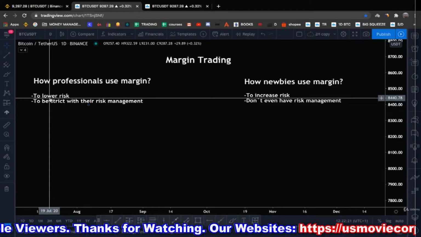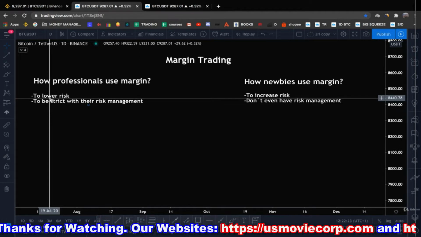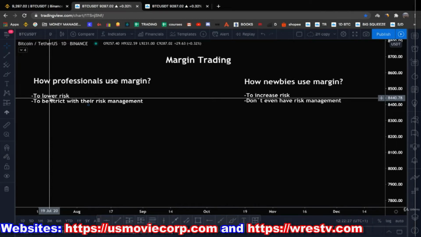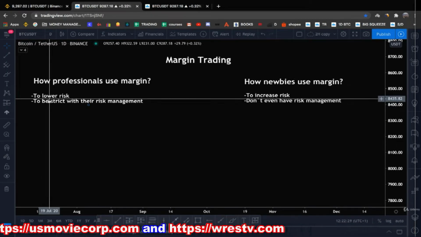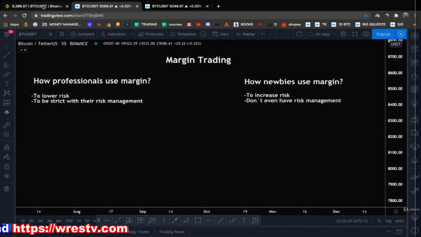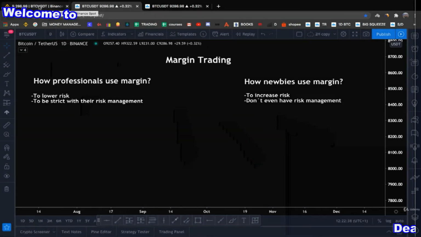So to lower risk, what does that mean? It means that if their trading account is, let's say, $100,000, most of them don't really want to keep all this 100,000, for example, on Binance. Binance is the exchange that I'm going to teach you how to use margin trading on, right?